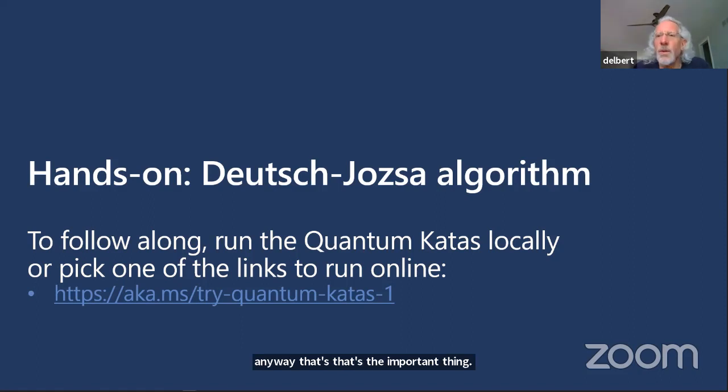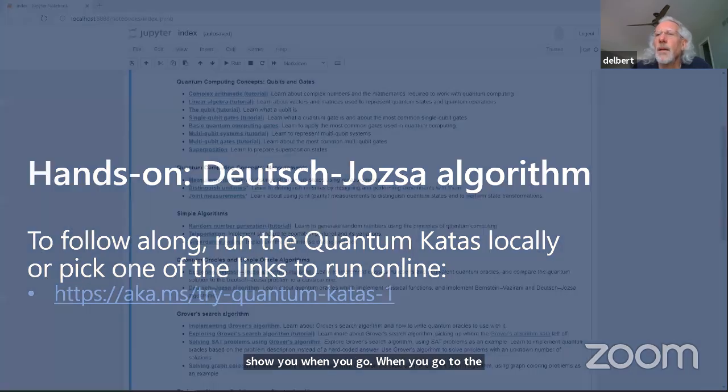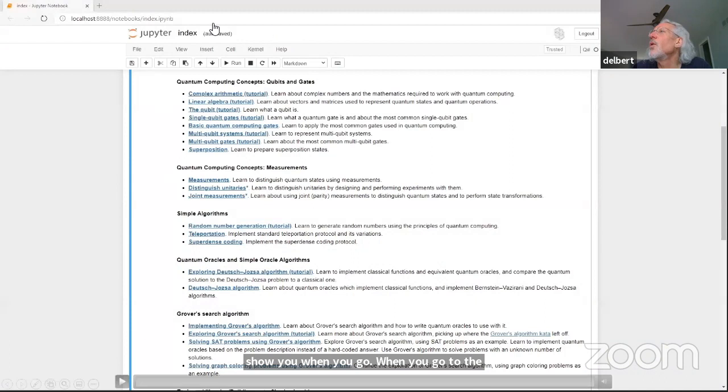And what I'm going to do, I think at this point, is show you when you go to this main Binder page, it'll be under the quantum oracles and simple oracle algorithms.